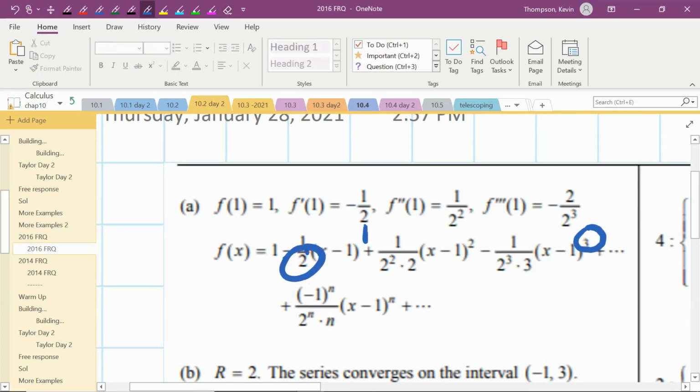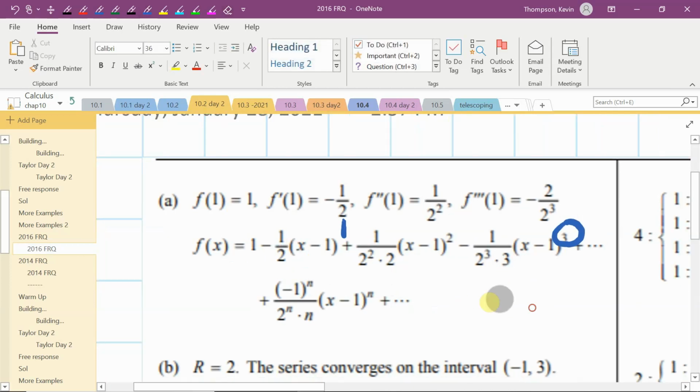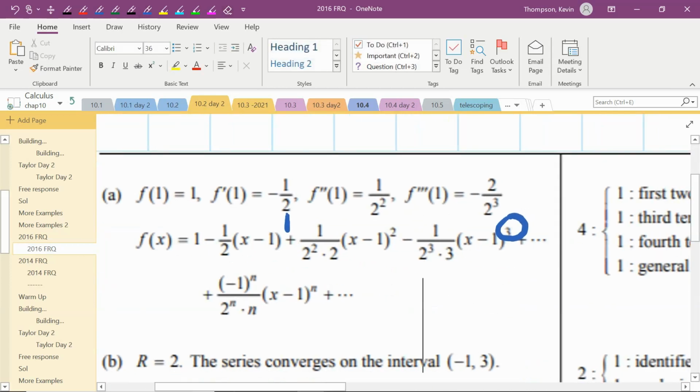Okay, so I see a 2, and then there's this 2 squared 2, 2 cubed 3. Now, if I do one more, and Sadvika, this is really what I was encouraging you to do, the next pattern would be a 2 to the 4th times a 4.